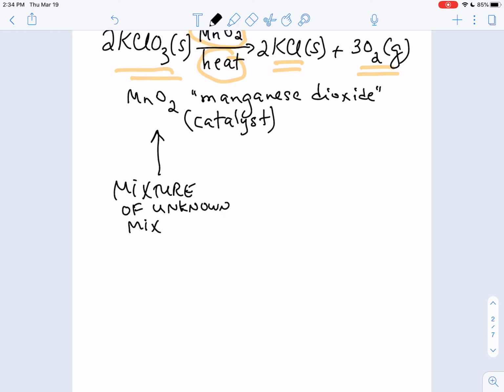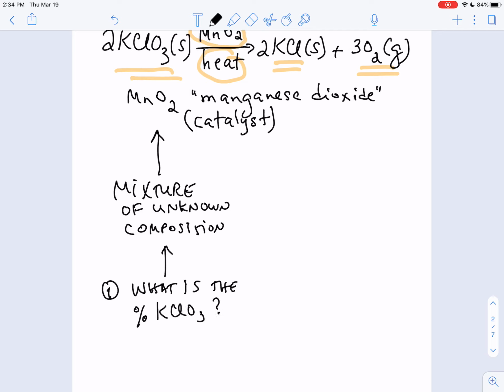So you're going to be given a mixture of unknown composition. And one of the goals of this experiment is to find what is the percent of potassium chlorate in that mixture.